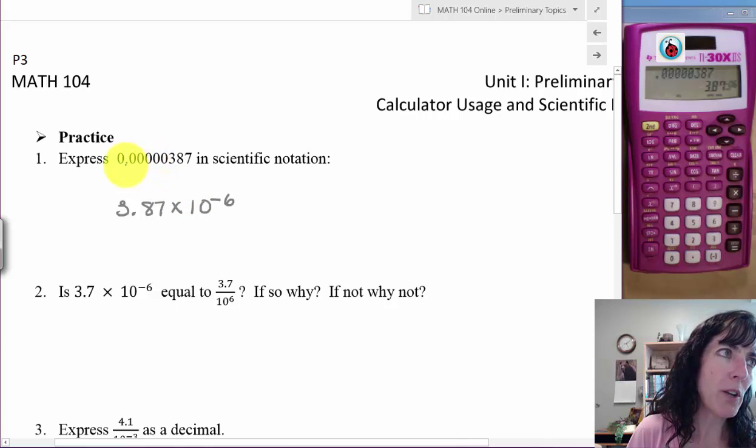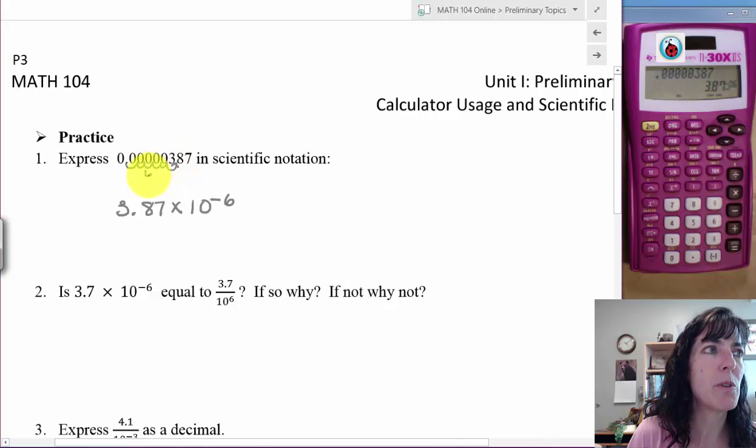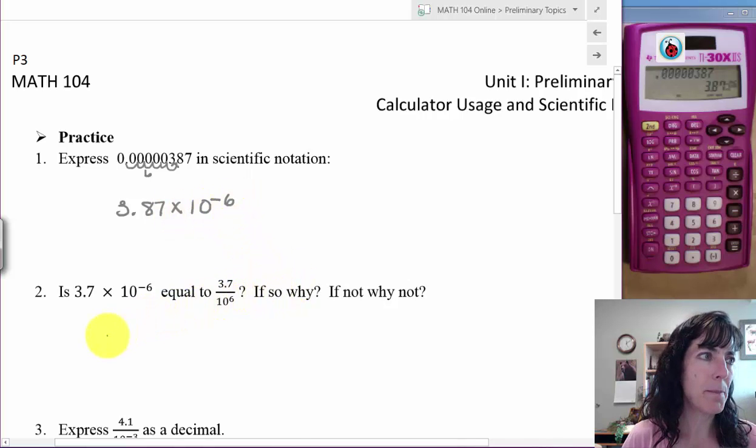And I remember I could also do that by counting 1, 2, 3, 4, 5, 6 places to move. I moved 6 places over, and it has to be a negative because this is a very small number. And so 3.87 times 10 to the negative 6.